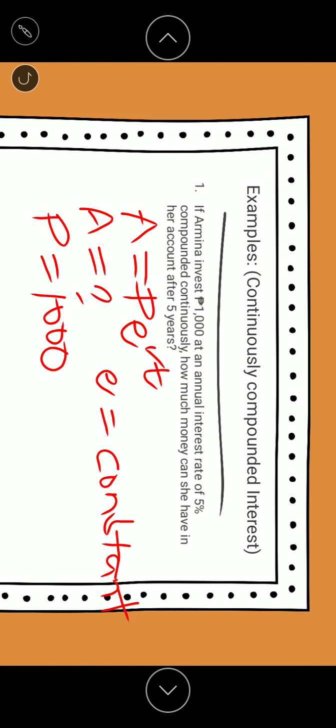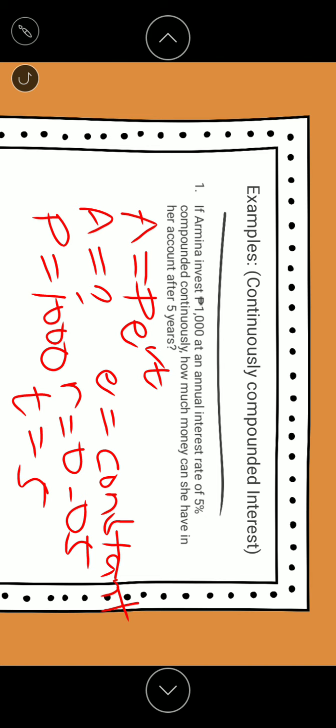And R stands for the interest rate. So since ang interest rate natin na nabanggit is 5%, so we need to divide it to 100% to convert it to decimal point. So 5 divided 100 is 0.05. And our time is 5 years.